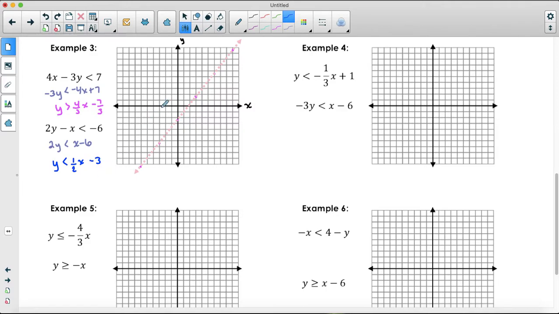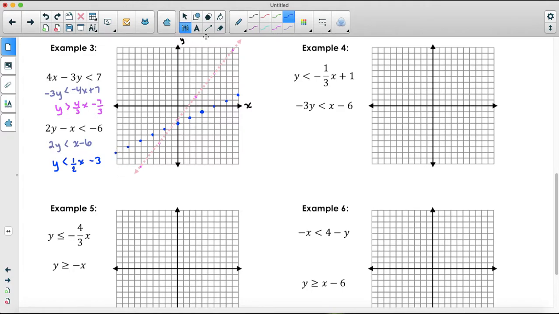So my first coordinate is at (0, negative 3). My slope is positive 1 over positive 2, so that is a change in y of 1, change in x of 2. 1, 2, 1, 2. I can do negative 1 and negative 2 and just follow that pattern.